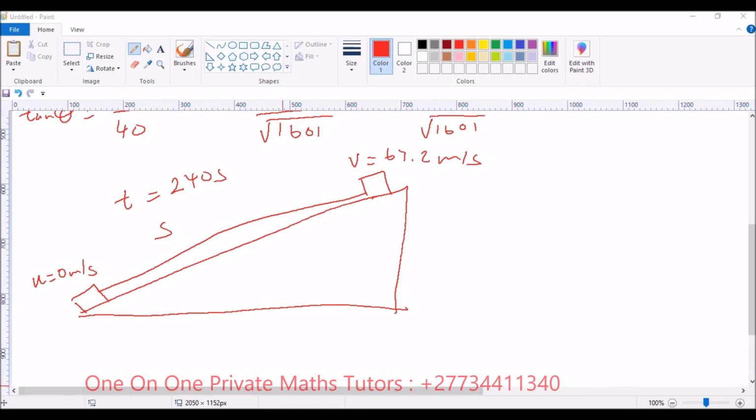Okay. So which formula from these do we use? s is equal to ut plus half at squared can work, right? Because we have u, we have a, and we have t.